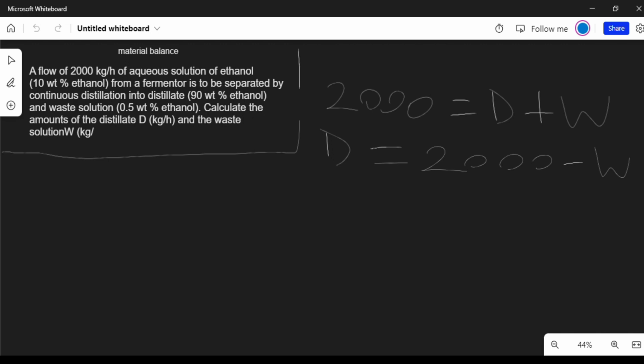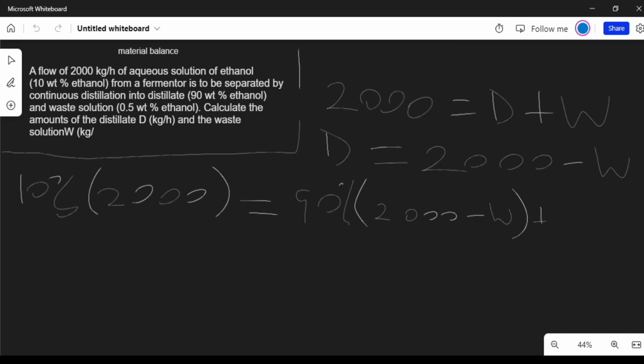And that particular equation is 10% of 2000 being equal to 90% of D. Now you realize that D here is 2000 minus W, plus 0.5% W. Okay, so with this in mind, let's see.